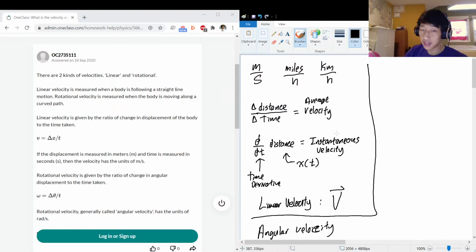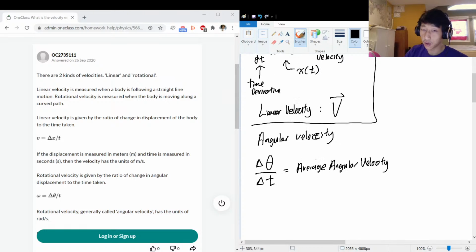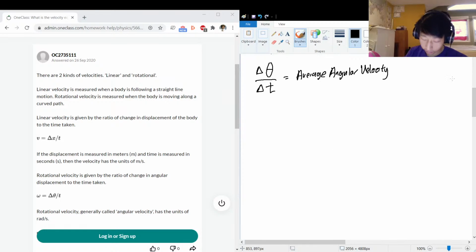To get the instantaneous version, we're going to want to take the time derivative of the distance or the angle function. Let's say you're driving around a roundabout, that could be an angular velocity situation. You're not necessarily going at the same speed at all times during the roundabout. You've got your yield signs that might make you slow down. Your instantaneous angular velocity is not necessarily going to be the same at all points. So you would do the same process, except you take the time derivative of your angle function.